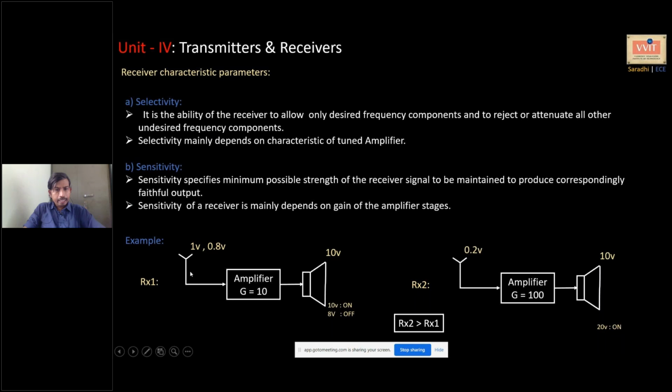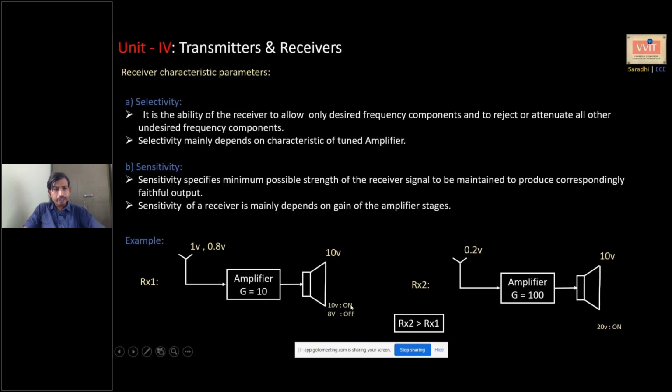Suppose this is your receiving antenna, you have an amplifier with overall gain equal to 10, and this is the speaker. To drive this speaker you need at least 10 volts. Suppose the received signal strength is 1 volt. This 1 volt signal will be amplified, so the speaker receives a 10 volt signal and it will be on.